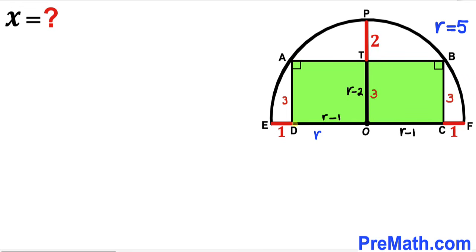And likewise this OD length is going to be r minus 1, and we know r value is 5, so 5 minus 1 is going to give us 4 units. So therefore our OD length turns out to be 4 units. So therefore this OC length is going to be 4 units as well. So therefore this whole side DC is going to be 4 plus 4, which makes 8 units.